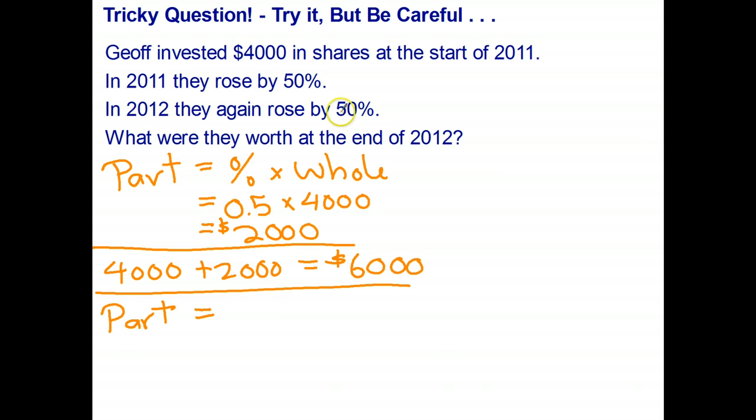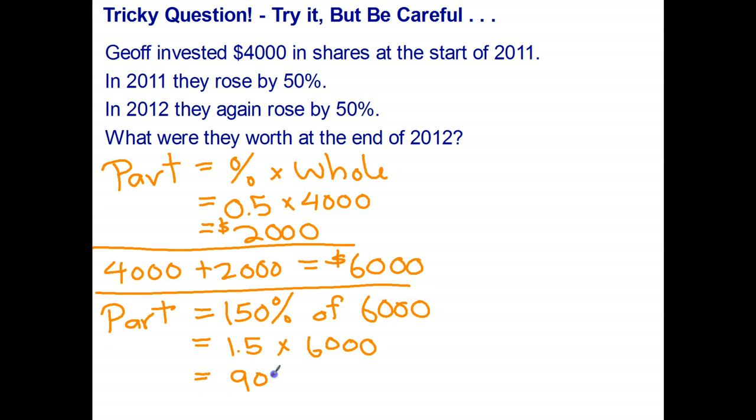They're going up by 50%, and therefore the part is 150% of $6,000. Okay, that means we turn that into a decimal. We multiply part equals percent times whole, and 1.5 times 6,000 is 9,000. So the cost of the shares now after 2 years is $9,000.